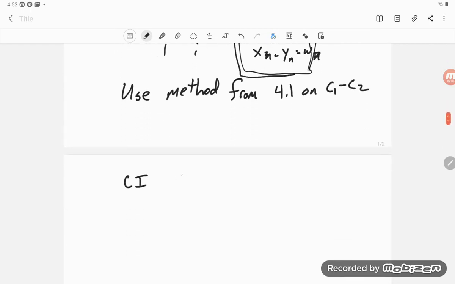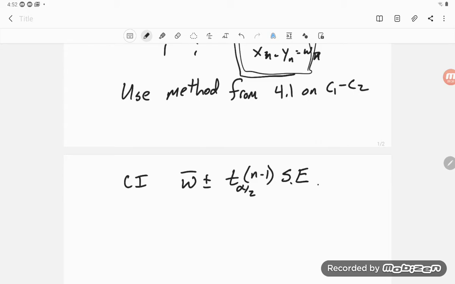What I would do is take W bar plus or minus my Z alpha over 2, or actually, because it could be a small sample, I'll use T, T alpha over 2 with n minus 1 degrees of freedom, times my standard error.